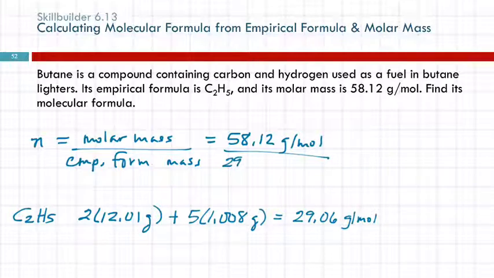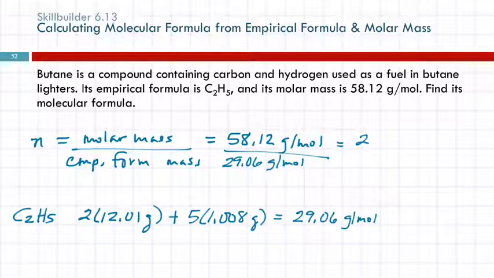So 29.06 grams per mole. So 58.12 divided by 29.06. That one comes out exactly 2. There's no multiplying to get whole numbers on these sorts of problems.